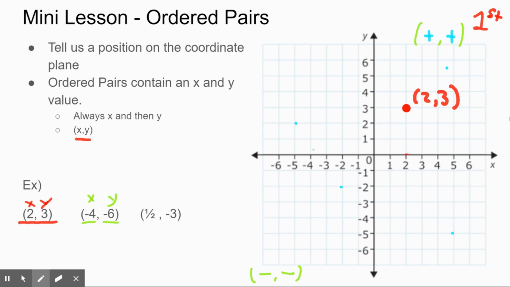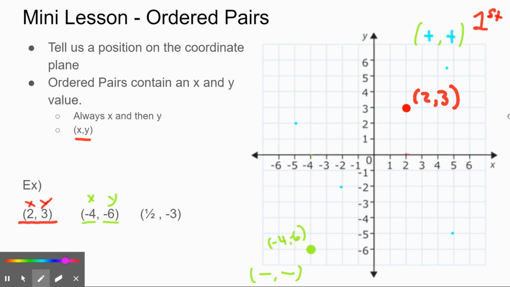So just like we did previously, we're going to go on the x-axis over to negative 4, and then we're going to go all the way down to negative 6, plot our point right there. And it's good practice to label your points. Sometimes you'll have letters to label your points, other times you won't. In this case, we can just write the ordered pair next to the point.